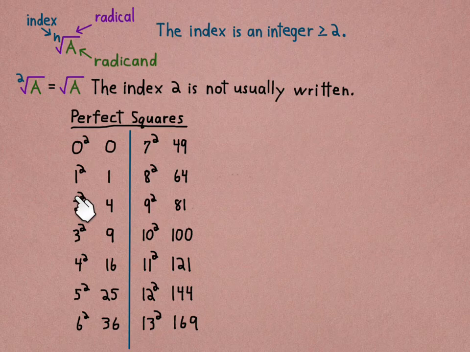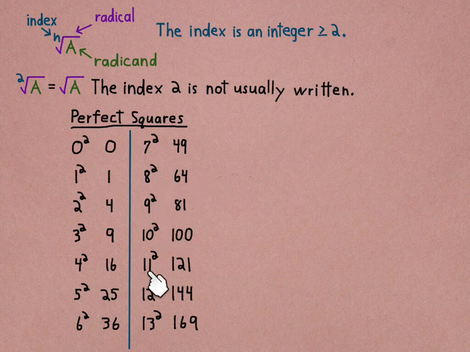Those are the easiest ones. 2 squared is 4, so the square root of 4 is 2. 3 squared is 9, so the square root of 9 is 3. 4 squared is 16, the square root of 16 is 4. 5 squared is 25, square root of 25 is 5. 6 squared is 36, square root of 36 is 6. 7 squared is 49, square root of 49 is 7, etc., right?